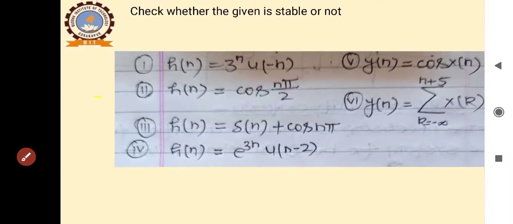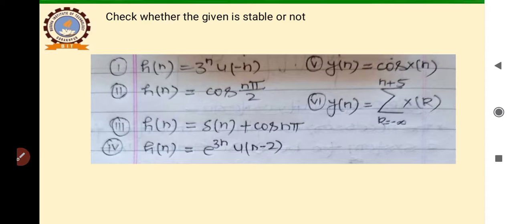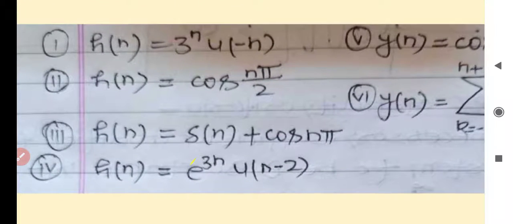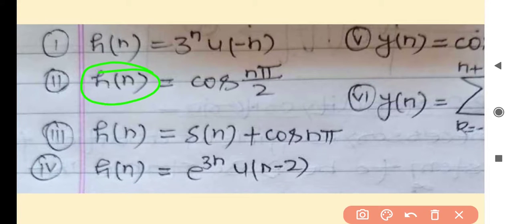Next example is cos of n pi by 2. Look at it here. The impulse response of the system is given directly. So what we have to do is take the sum of this h[n], where n is from minus infinity to plus infinity.